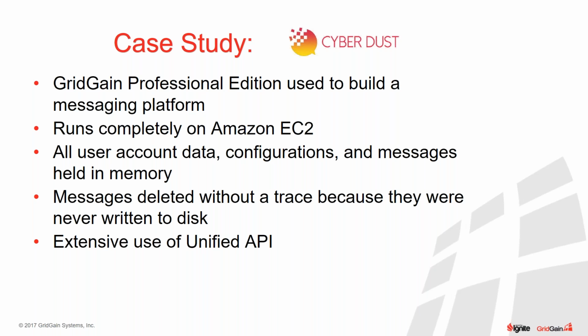They built it on Amazon EC2, and they hold all user account data, configurations, and messages in memory. Messages are deleted without a trace because they were never saved to disk in the first place.